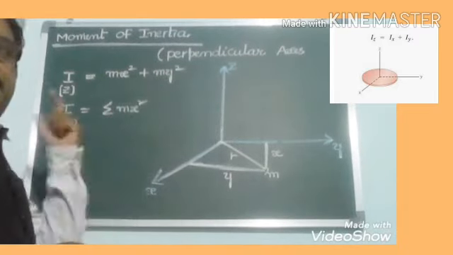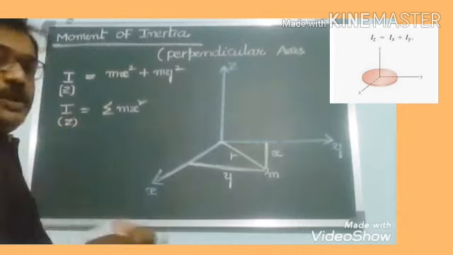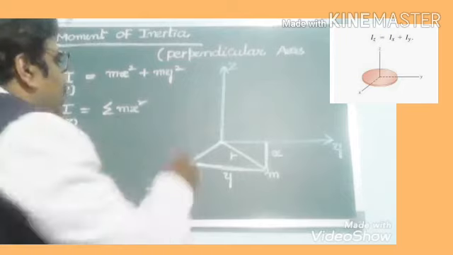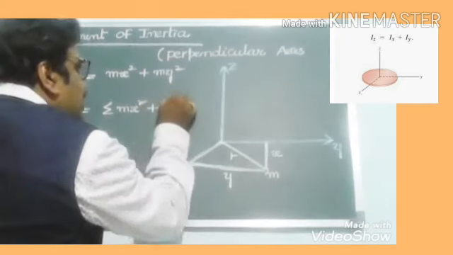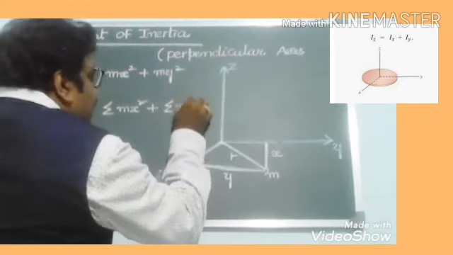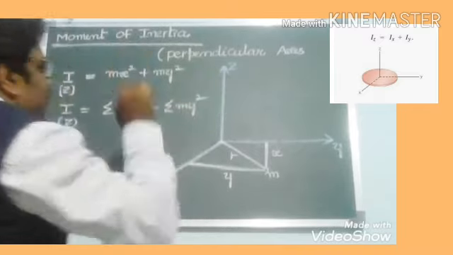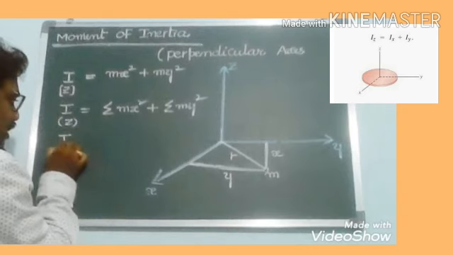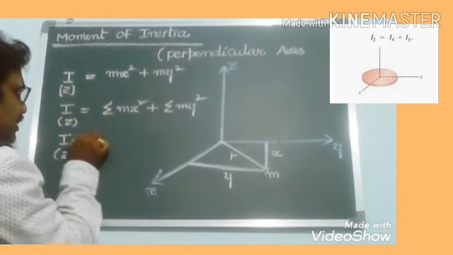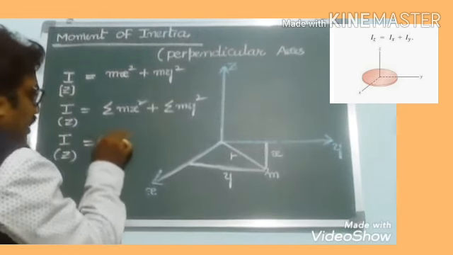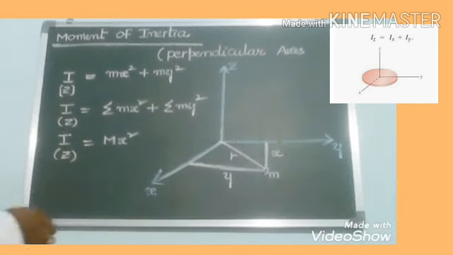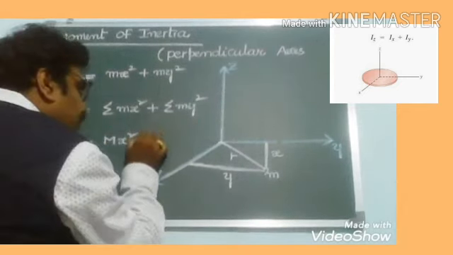So, the sum of all points. So total mass, simply I am saying total mass, sigma mx square plus sigma my square. Now moment of inertia with respect to z axis: M means mass of total rigid body, mx square plus my square.